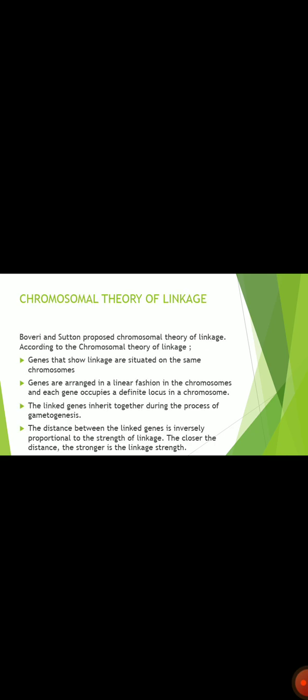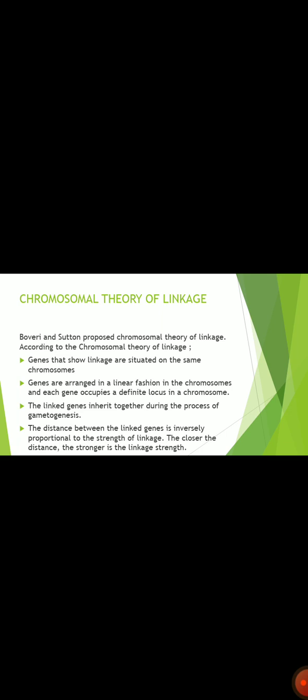Chromosome theory of linkage. Boveri and Sutton proposed the chromosomal theory of linkage. According to this theory, genes that show linkage are situated on the same chromosome. Genes are arranged in a linear fashion on a chromosome and each gene occupies a definite locus.